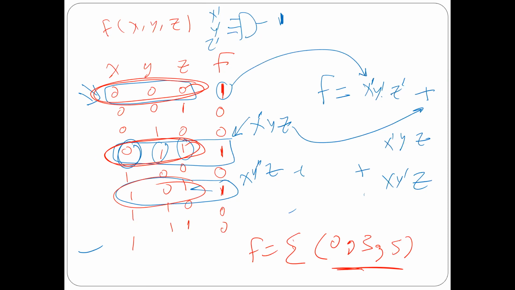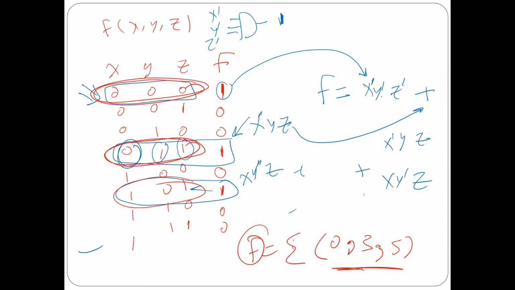Yes, that's your question. How would you know the number of variables? That's a very good question. It's my fault, I'm lazy. If I say f equals whatever, how many variables? Because you have until 5, that means 2 variables can't work, because with 2 variables you only have numbers from 0 to 3, not 5.